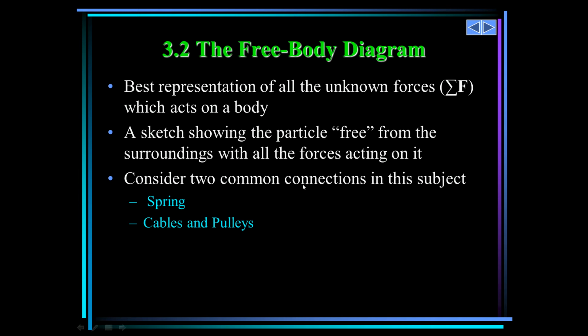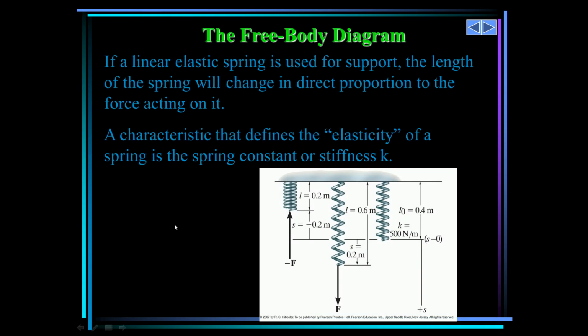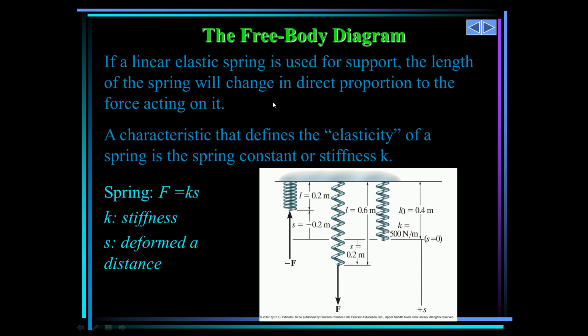So consider two common connections in this subject. One is a spring, and one is a cable and pulley. If a linear elastic spring is used for support, the length of the spring will change in direct proportion to the force acting on it.